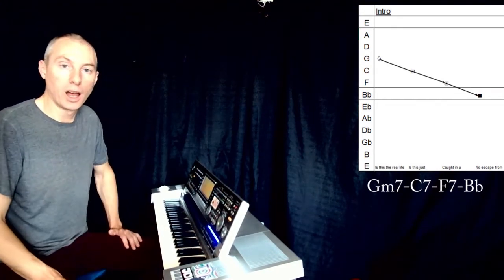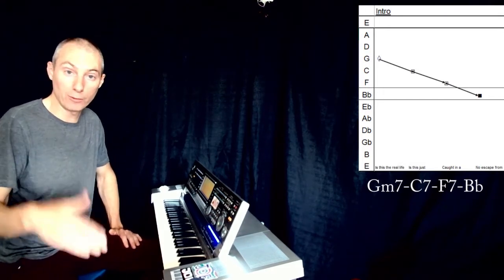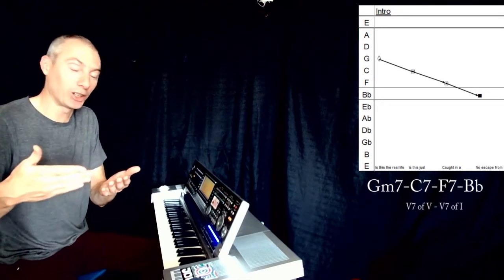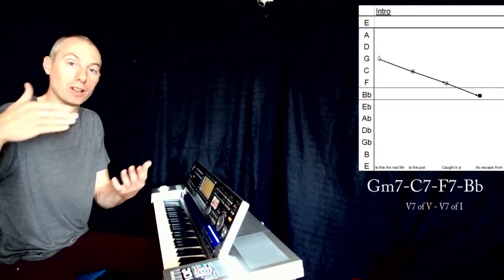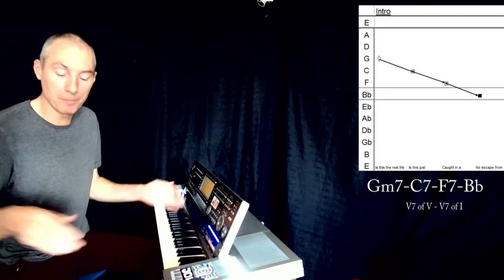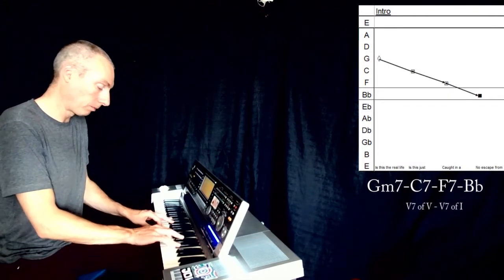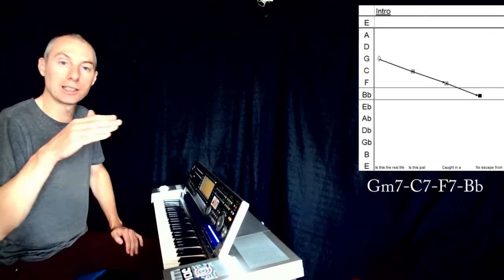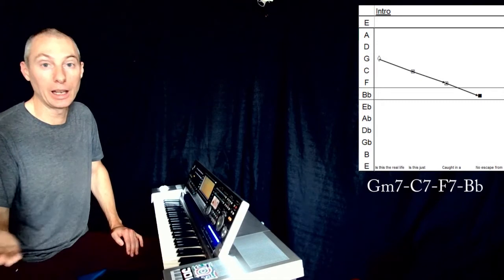Not C major, but it's a very common thing in a 2-5-1 for the 2 to actually be a dominant 7, so the 2 is actually the 5 of the 5. If that doesn't mean anything to you, don't worry about it, it doesn't matter. All you need to know is that this, the first 4 chords, is a nice logical way of establishing the key, which is B flat major.